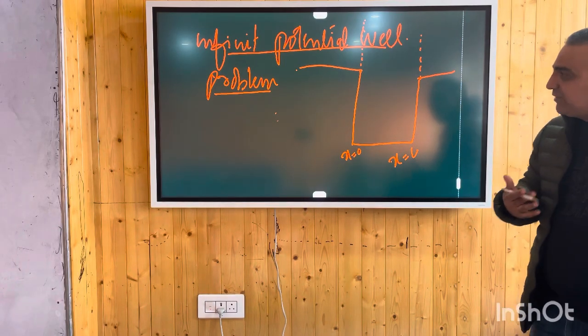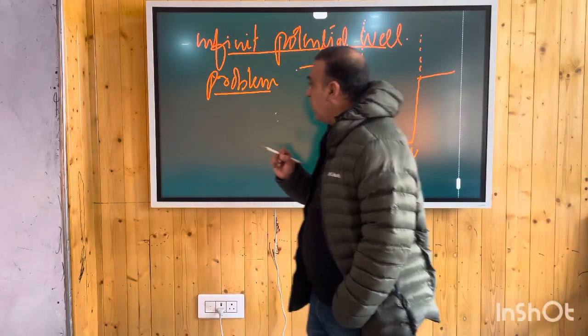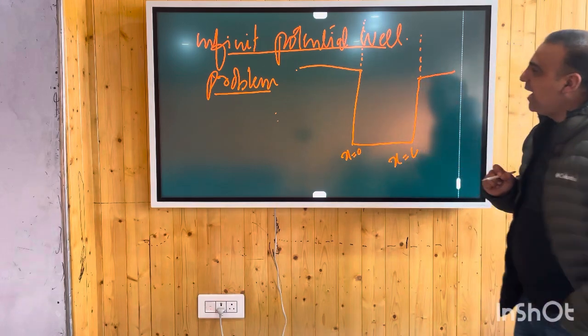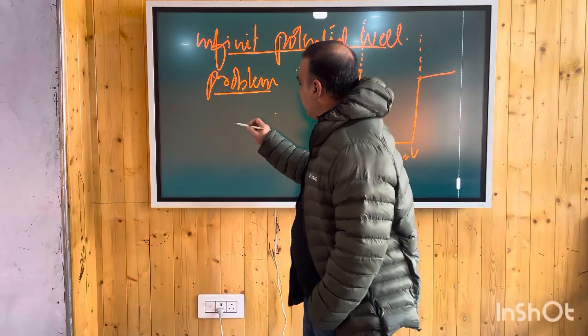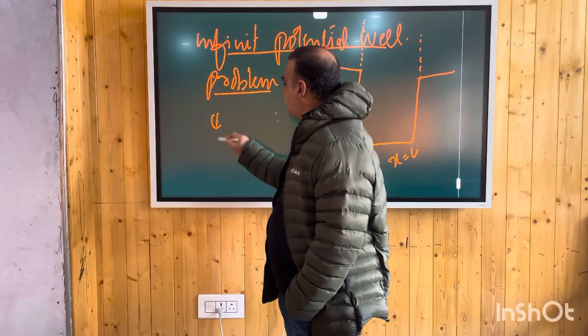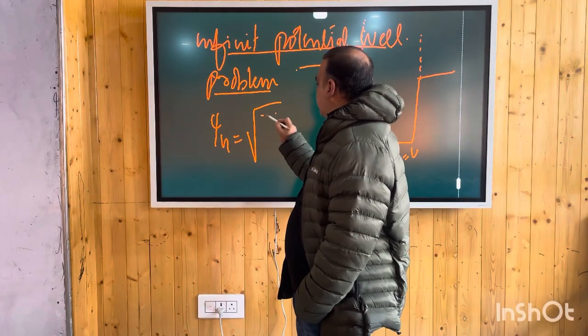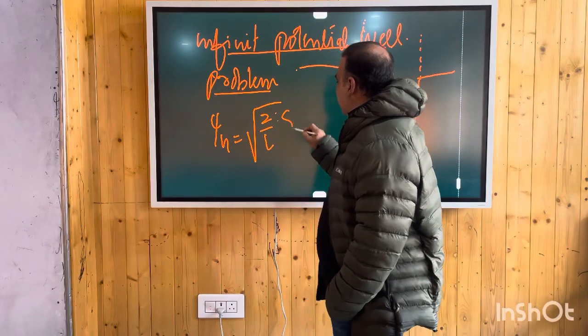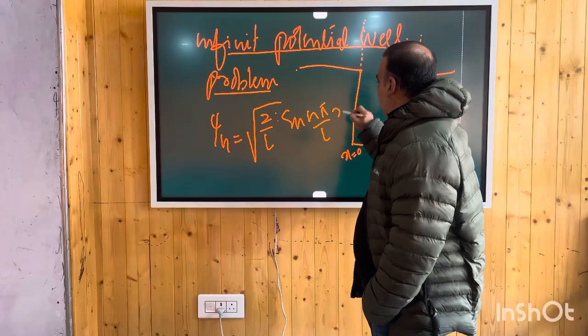We have already talked about the course of solving this problem, and we have reached a point where we obtain the solution psi n equals under root of 2 by L sine of n pi by L x.